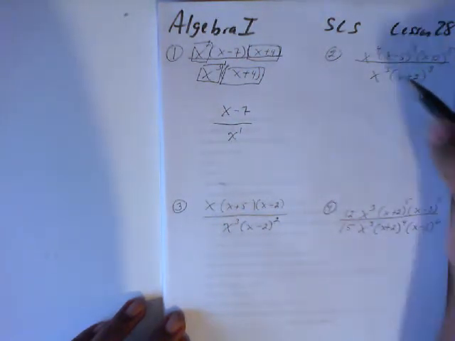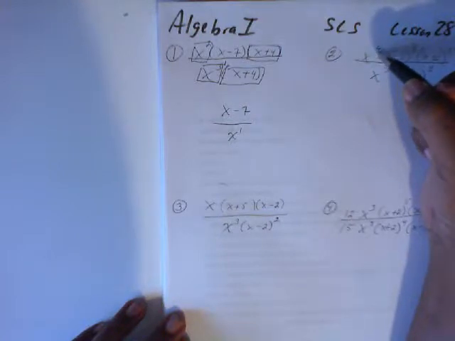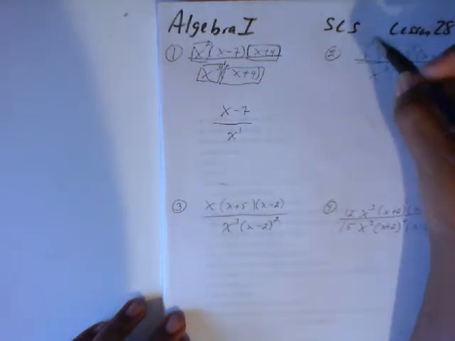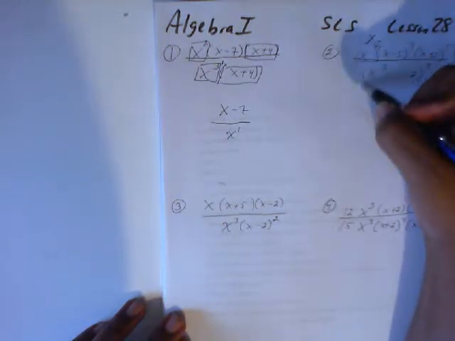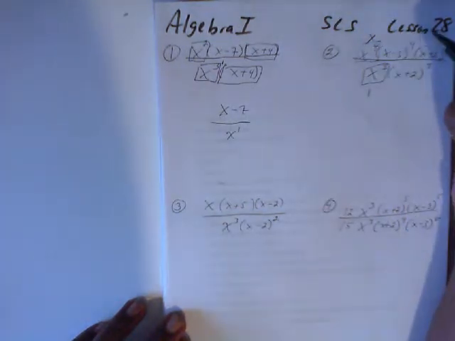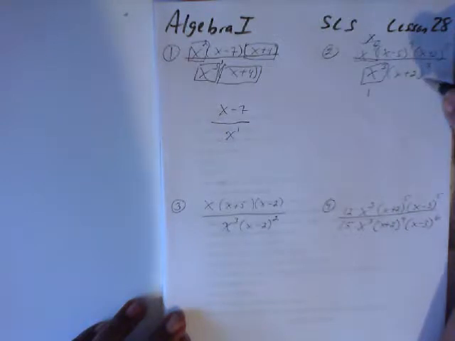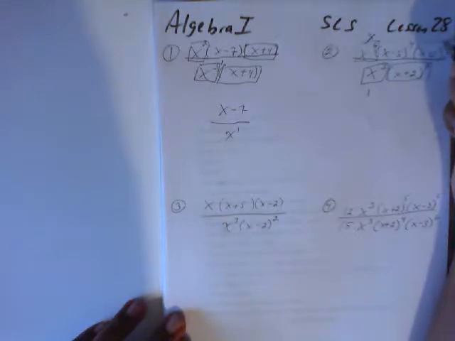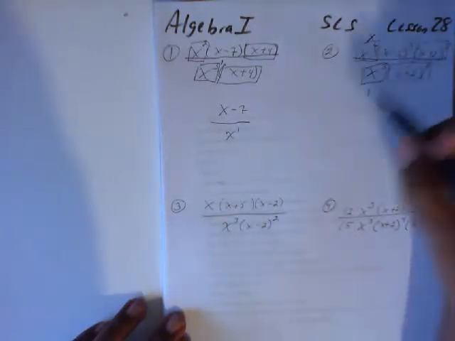Next, here we have x to the fourth here and x to the third here. These will simplify. This will simplify to the x, and this will simplify to a 1. We have a binomial here, x plus 2 to the fifth, x plus 2 to the third power. These will simplify, and this will simplify to the second power here.